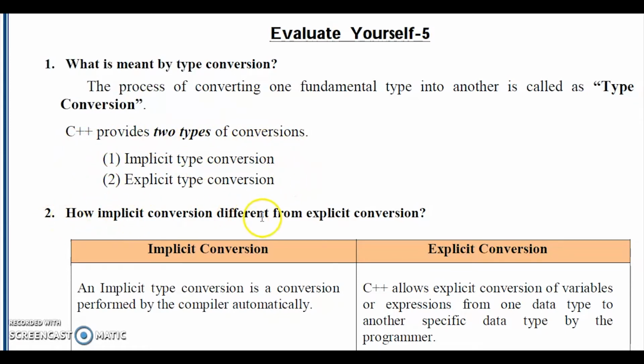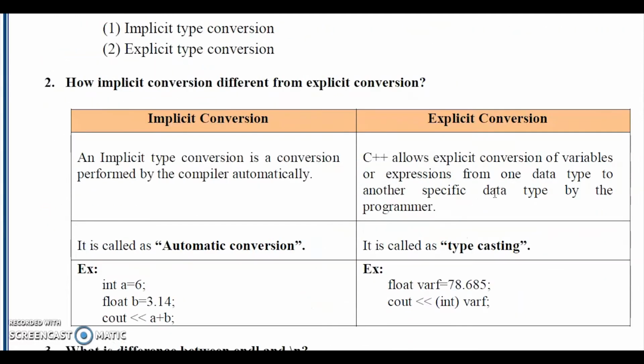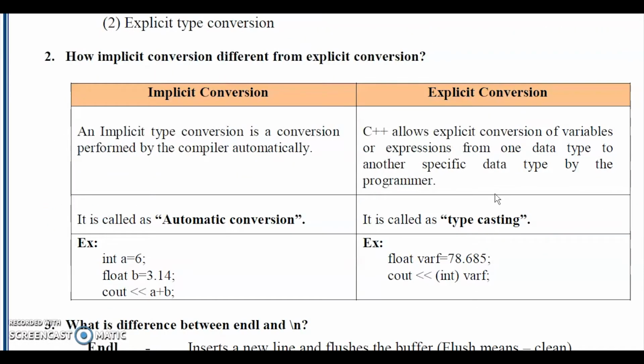How is implicit conversion different from explicit conversion? You can also consider this question as the difference between implicit conversion and explicit conversion, or they can also ask like this: how is implicit conversion different from explicit conversion? An implicit type conversion is a conversion performed by the compiler automatically.